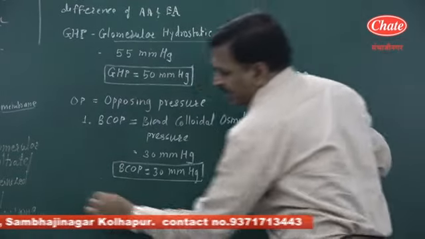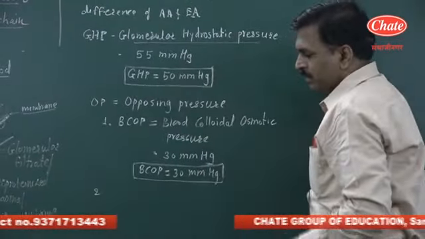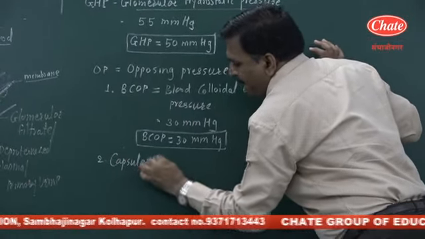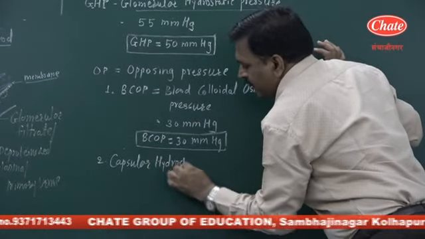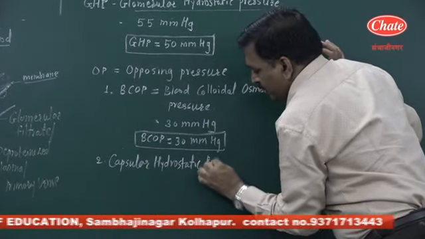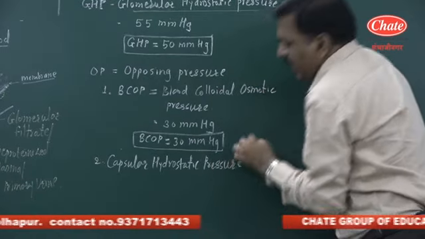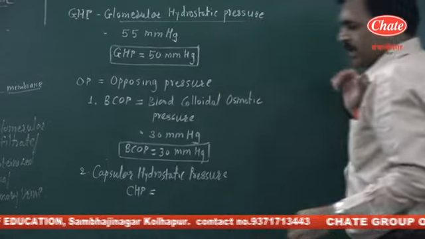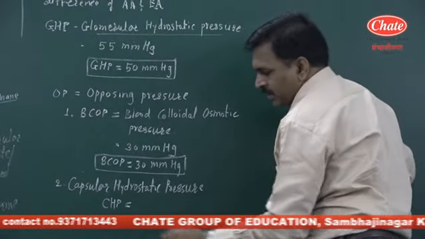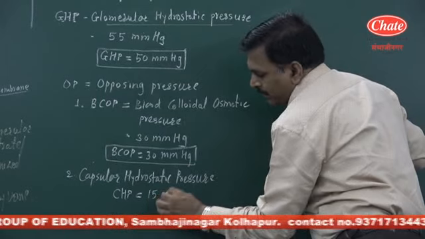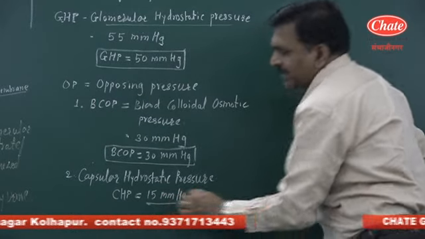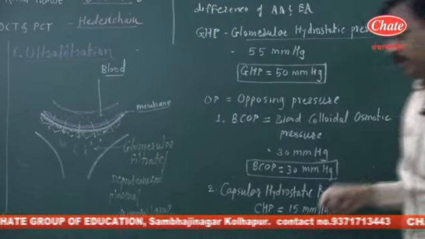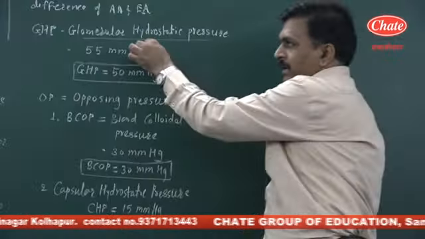And the second opposing pressure is capsular hydrostatic pressure, termed CHP. Capsular hydrostatic pressure is about 15 mmHg, meaning the pressure exerted by the already filtered content present in the urinary space, which also opposes the filtration pressure.